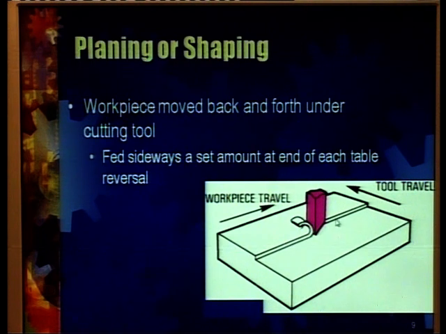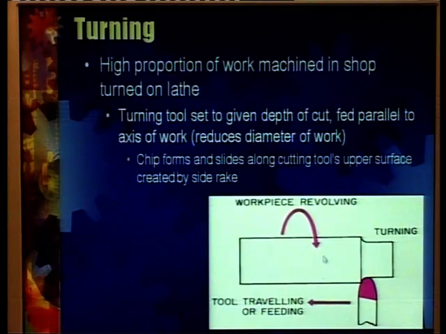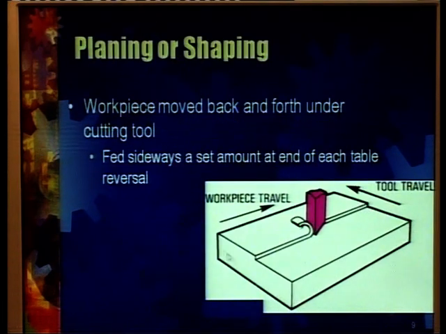The relative motion between the workpiece and the tool is linear, so that ultimately the end product of this machining process will be a flat, plane surface, rather than a rotary surface as in the case of turning machines.